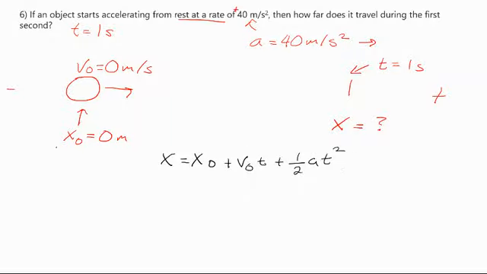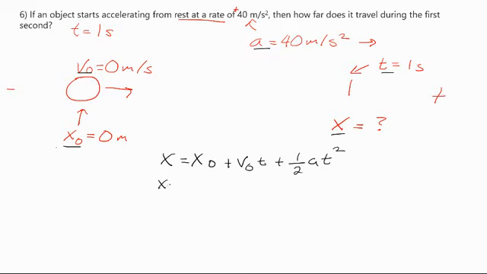I don't know what x is. That's what I've got to find. But I know what x naught is. I know what the initial velocity is. I have the time, and I have acceleration. So I have everything I need. It's just I've got to do a little math.